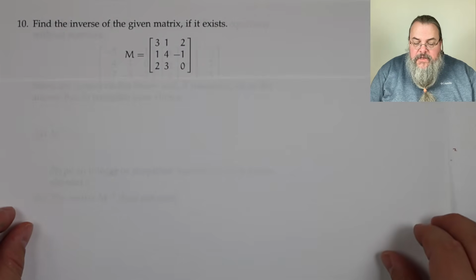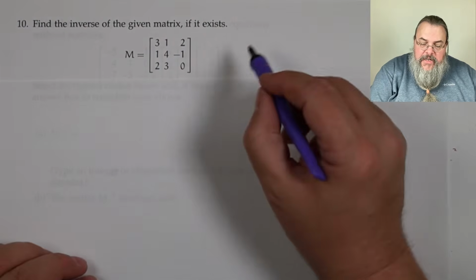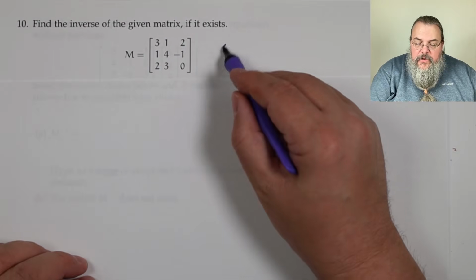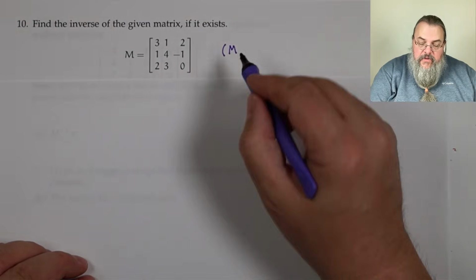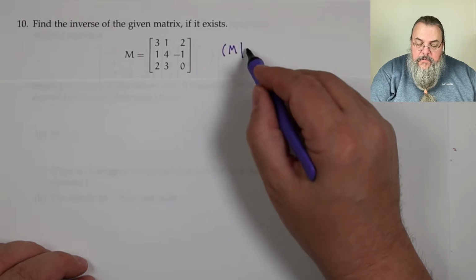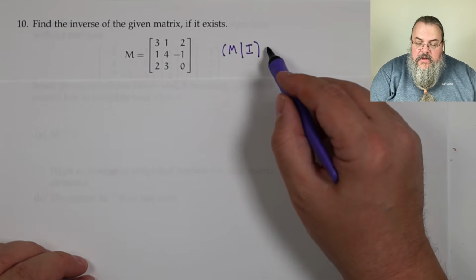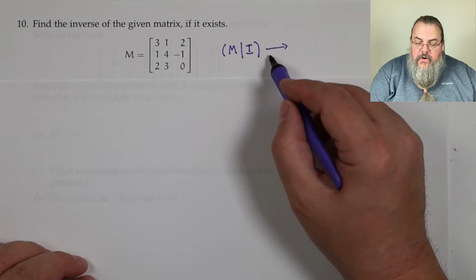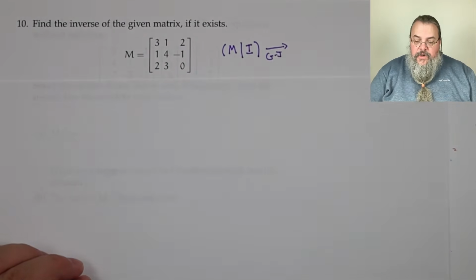So, what's the procedure? Here's the basic rule. We'll write it down right next to it. You're going to start by making an augmented matrix. You put your matrix, your dividing line, and then you put the identity matrix, and then you do your Gauss-Jordan. So this is GJ, Gauss-Jordan.